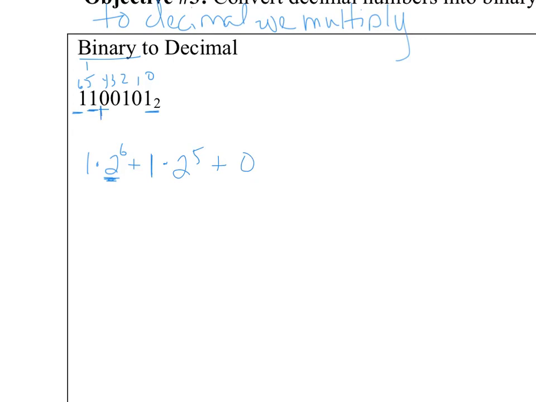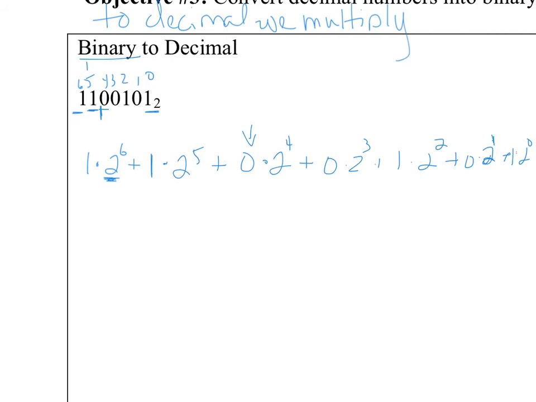Whatever this digit is goes here, and then times 2 to the exponent that is the position you're in. So 4 plus 0 times 2 to the 3rd, plus 1 times 2 squared, plus 0 times 2 to the 1st, and plus 1 times 2 to the 0.